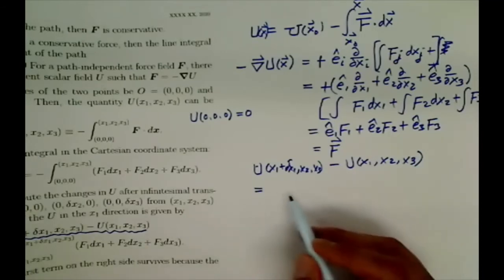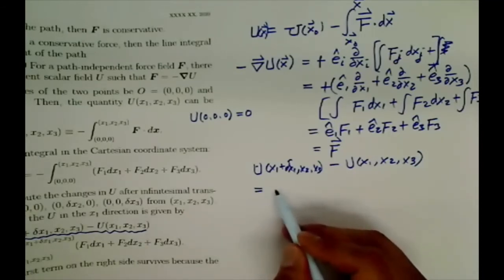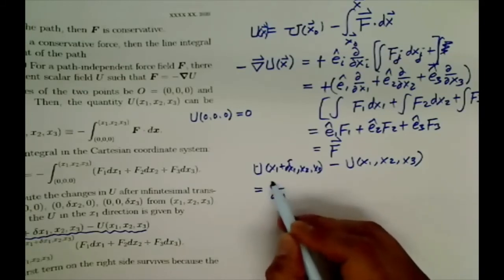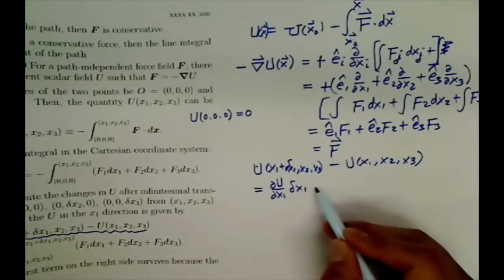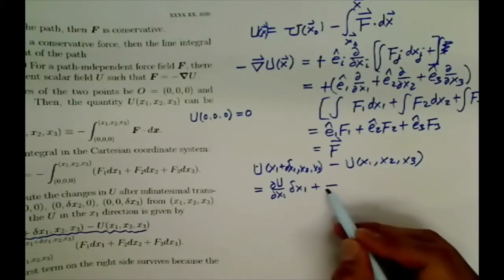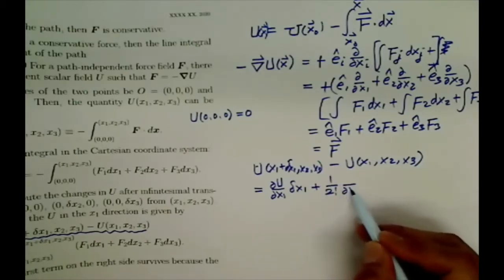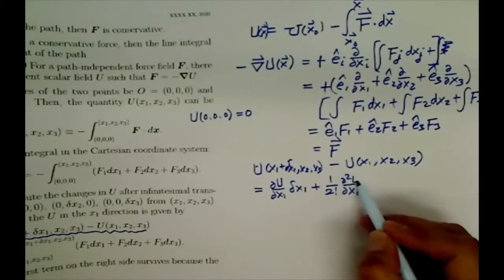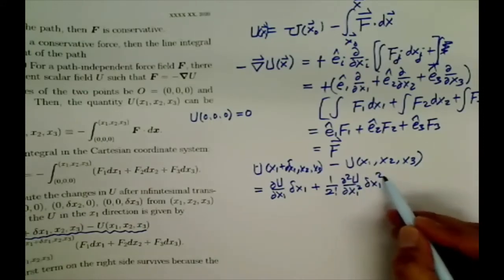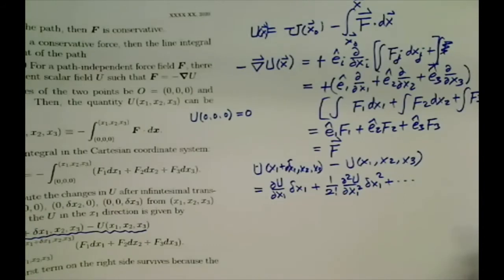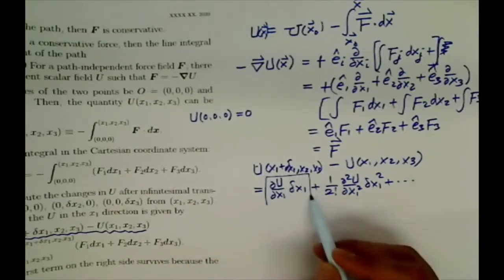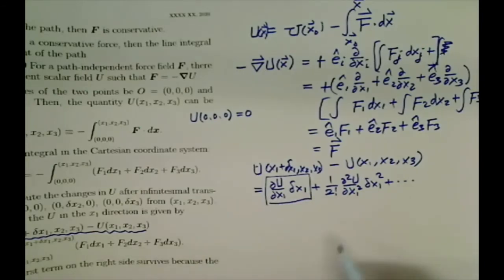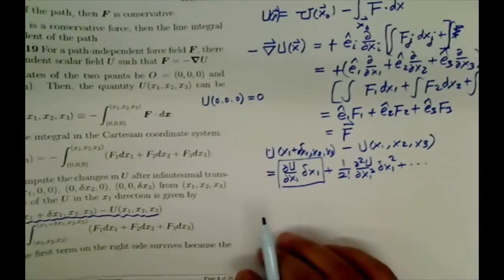That is, x1 is a partial derivative, right? And multiplied by delta x1, plus 1 over 2 factorial, the second order partial derivative of U, delta x1 squared, and so forth. As delta x1 goes to 0, the leading piece will contribute dominantly, and the remaining pieces vanish.